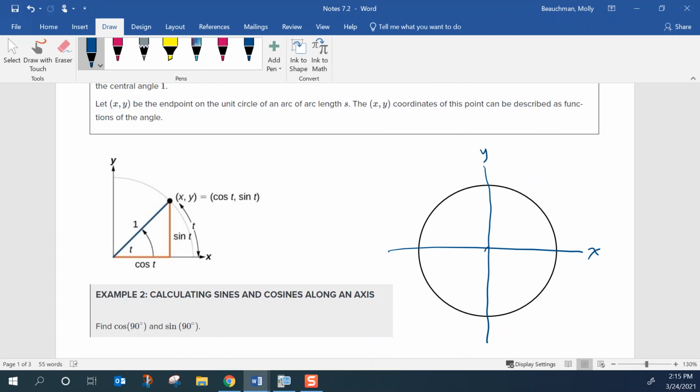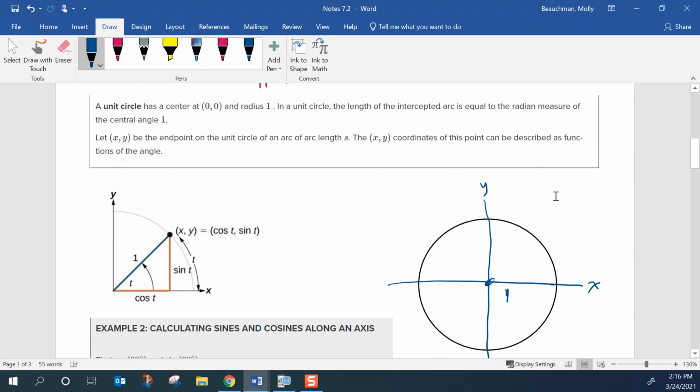The center of the circle is 0, 0, and it has a radius equal to 1. If you pick any point on that circle, so let's take a look at just the first quadrant, we can drop down a vertical, horizontal with the x-axis and create an angle, and that creates a right triangle. Our angle is angle T.